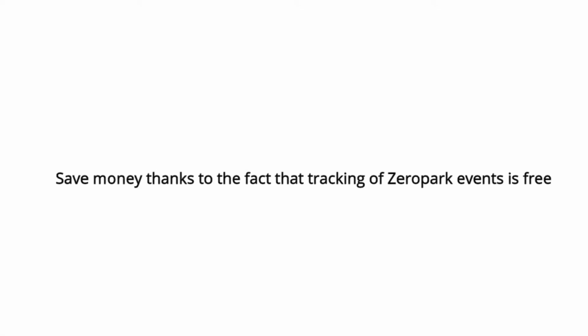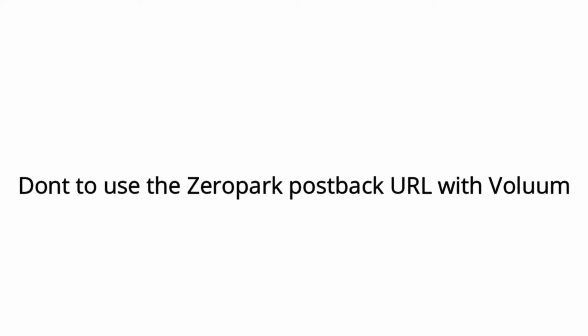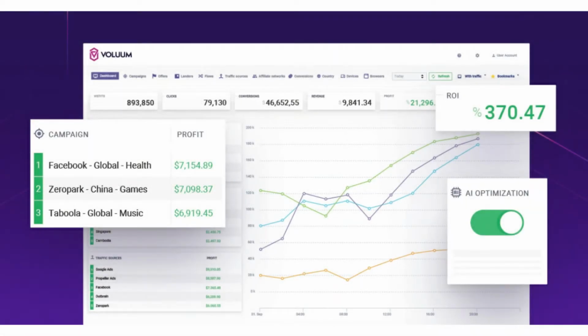You can also save money thanks to the fact that tracking Zeropark events is free, and you will get alerts from Volume whenever there's an issue with the campaign setup, so that you don't waste money on campaigns, thanks to automatic traffic cutoff. And if you want to set up conversion tracking with Volume, you don't need to use the Zeropark postback URL or tracking pixels, because all your Volume data will be sent to Zeropark based on your client ID. All you need to do is just set up your tracker.